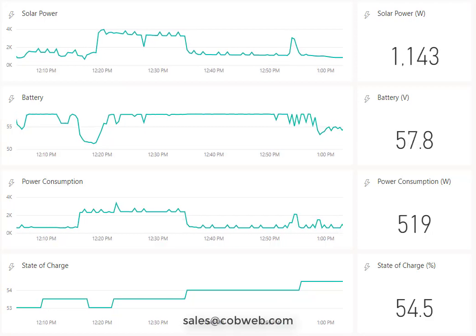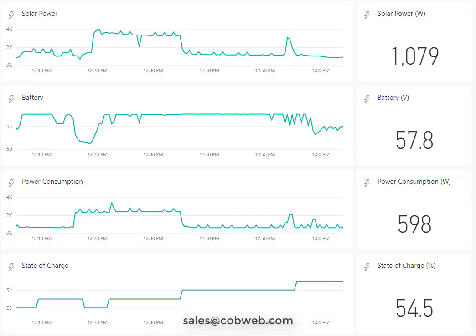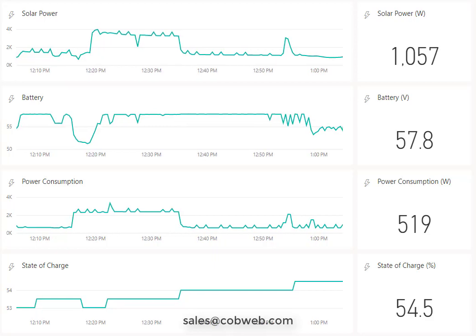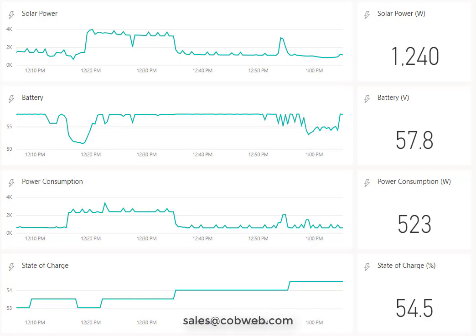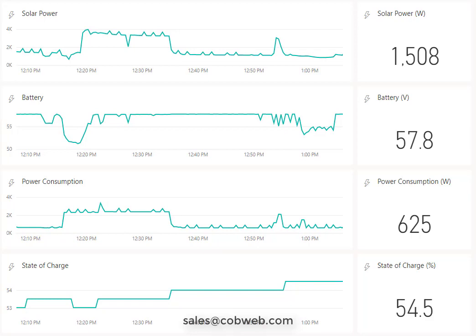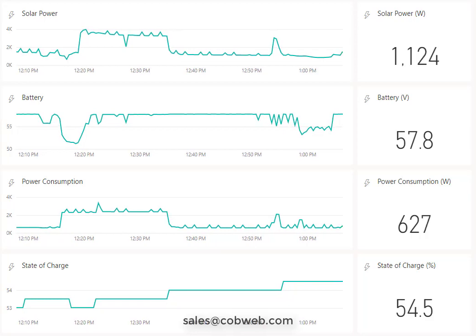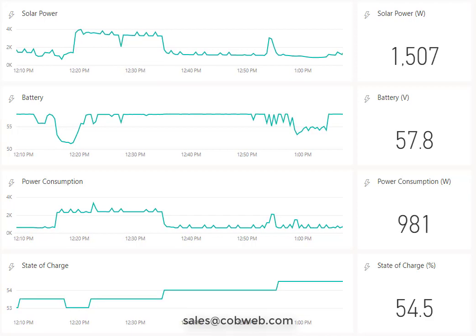What we've presented are 4 line graphs to give us a historic view over the last hour, and also 4 cards that will give us the latest measurement of each of the components: solar power, battery, power consumption, and state of charge. And as you can see, it's ticking through quite nicely.